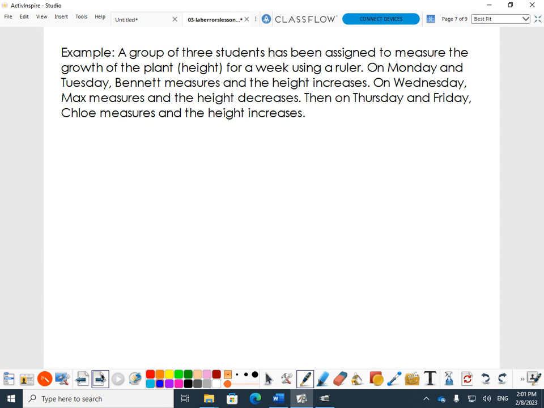if you have 3 different people measuring the height, does it say anywhere that they use the same ruler? No. So that could even be a possible error.